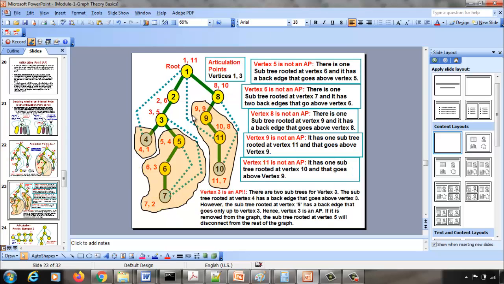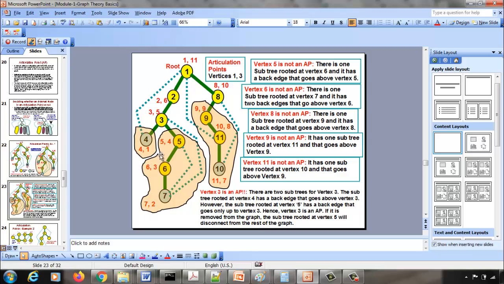So there's only one subtree, and from that subtree there's a back edge that goes above 2. Now what about vertex 3? Vertex 3 has two subtrees, one with 4 and one with 5. From this subtree there is a back edge that goes above 3. Now look at this subtree involving 5, 6 and 7. There are some back edges that begin and end within the subtree, and there's one back edge that goes only up to 3.